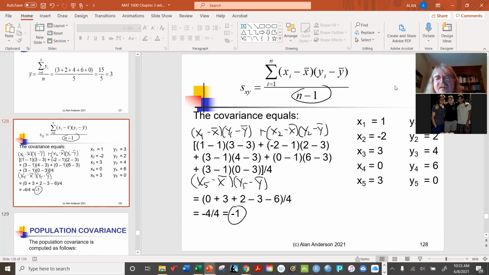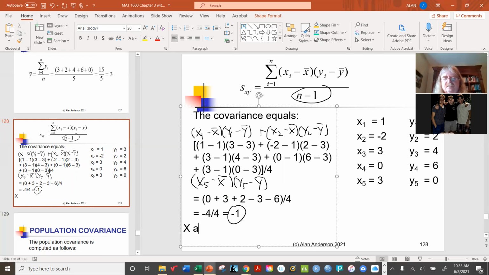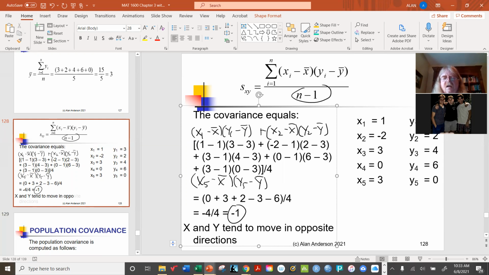And because it's negative, that means that the two variables show a tendency to move in opposite directions. Negative means opposite directions. Okay, that's what negative means.